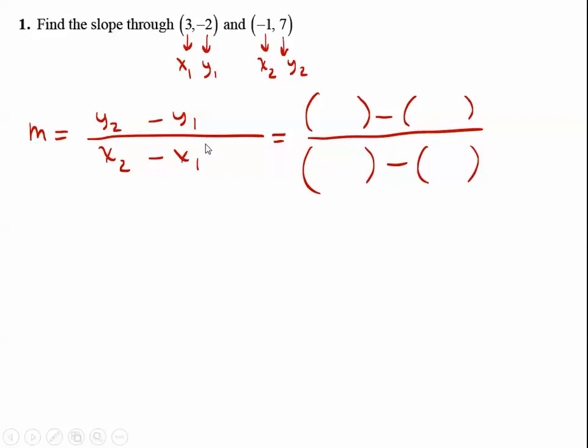So let's plug it in. What's my y2? 7 is good there. What's my y1? -2. Perfect. Going down on the bottom here, x2 is -1, and x1 is 3. Perfect. So notice right here, sometimes you want to switch into addition, sometimes you don't, depending on the numbers.